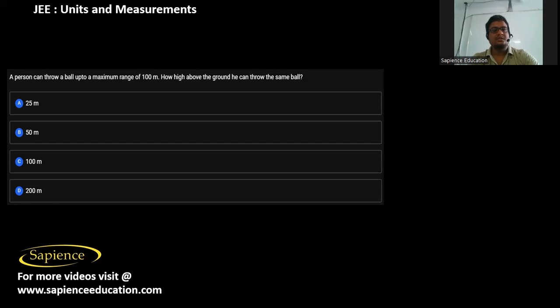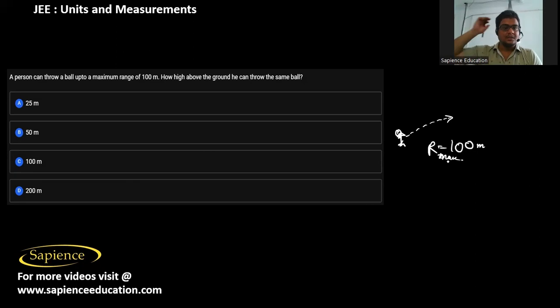Then here it is told that a person can throw a ball up to a maximum range of 100 meters. How high above the ground can he throw the same ball?